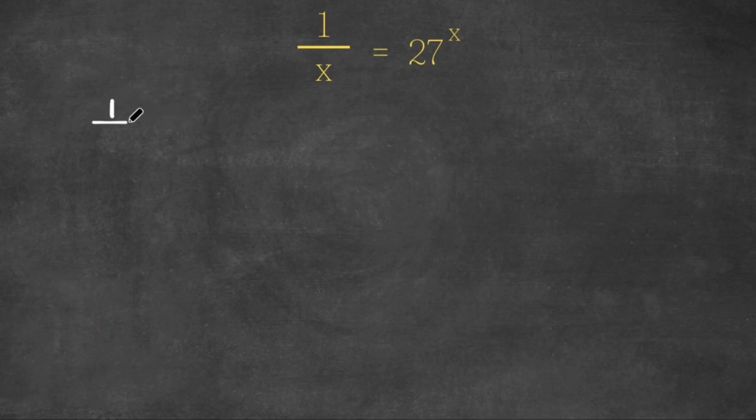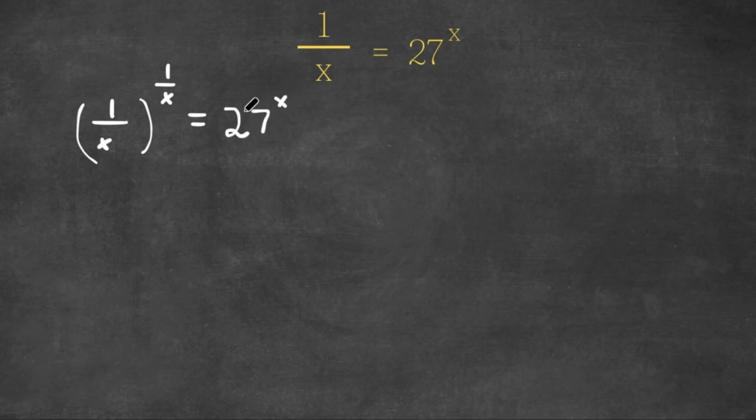So now we have 1 over x to the power of 1 over x is equal to 27 to the power of x to the power of 1 over x.